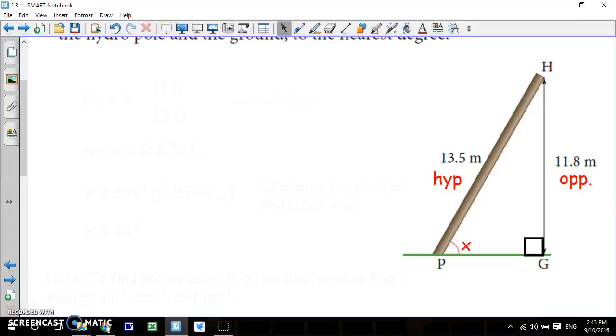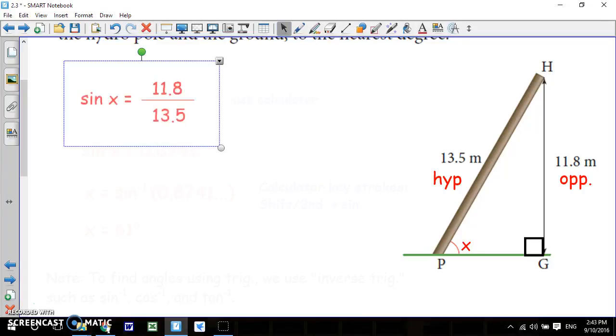So this is the very familiar ratio again. Opposite over hypotenuse is SOH, for sine X.